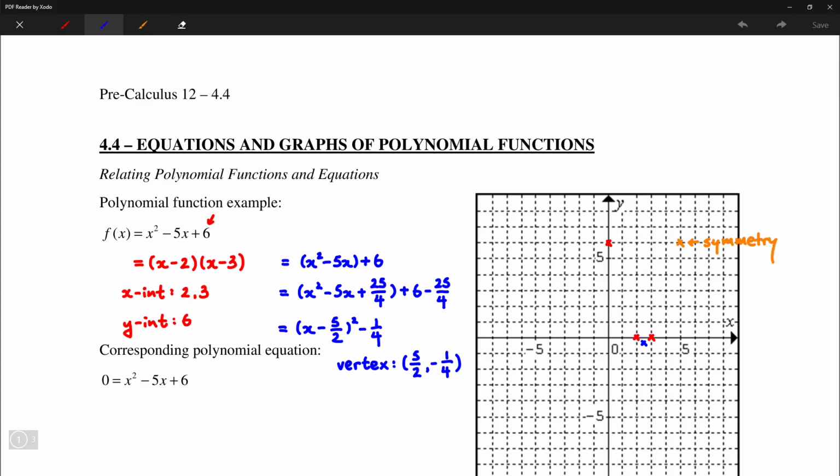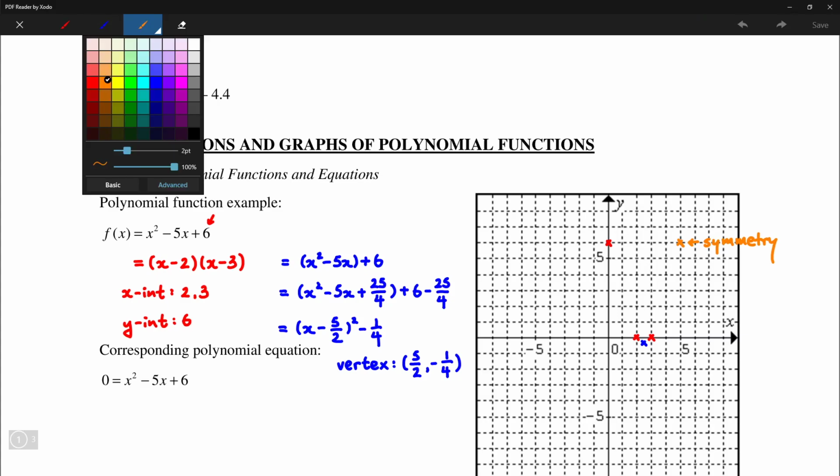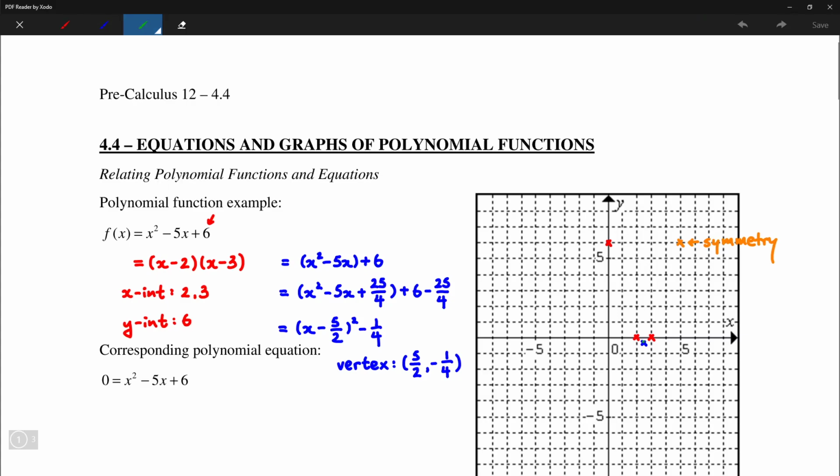Right, so this is better. Of course, additional points on this parabola can be found using a table of values, but that doesn't seem necessary in this case. We have a very good sketch of a parabola with these 5 points.